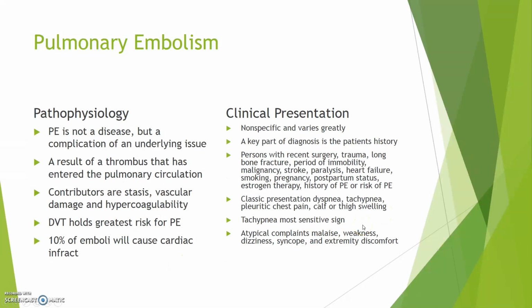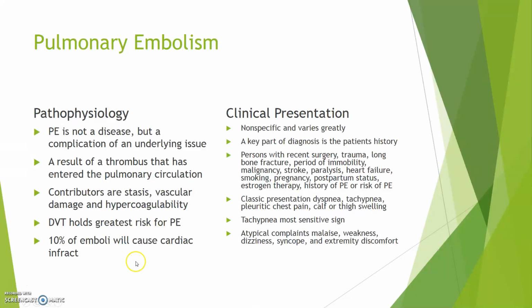So pathogenesis is that a pulmonary embolism is not a disease, but a complication of an underlying issue, a result of a thrombus that's entered the pulmonary circulation, and contributors such as stasis, vascular damage, and hypercoagulability might be present, and often are.